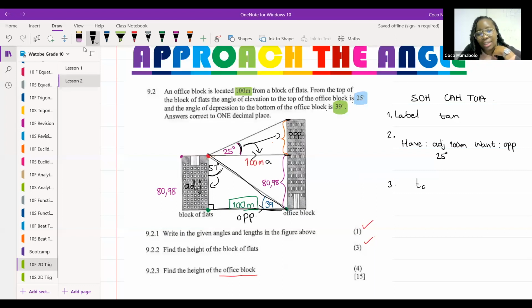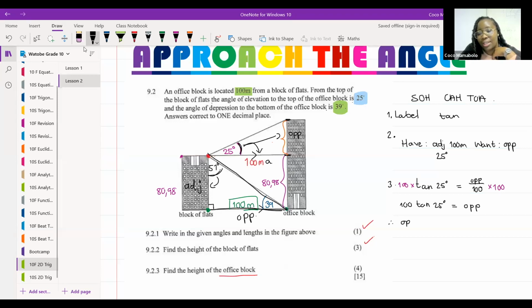So I will say tan 25 degrees is equal to opposite, which is what I want, over adjacent, which is 100. Now, my next step is to multiply both sides by 100. So I end up with 100 tan 25 is equal to the opposite side.